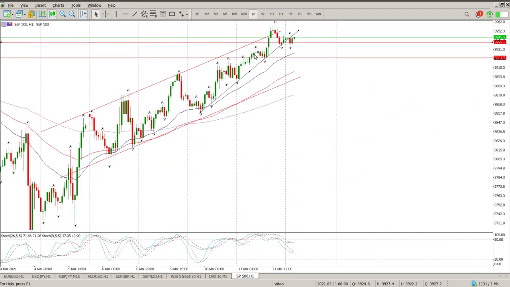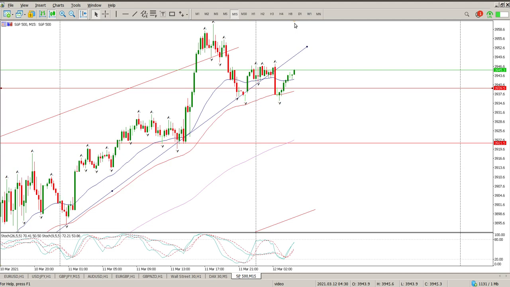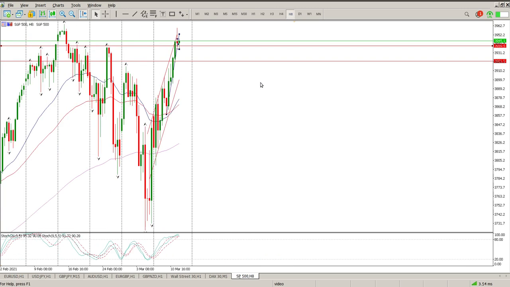Top of channel, rejections here, some breakouts, not really that solid of a breakout, but you can see that's a fairly decent breakout on the 15 after hours. Not really paying attention to it, but back up into this area, that is what I see. So we've rallied. Did we print another high?